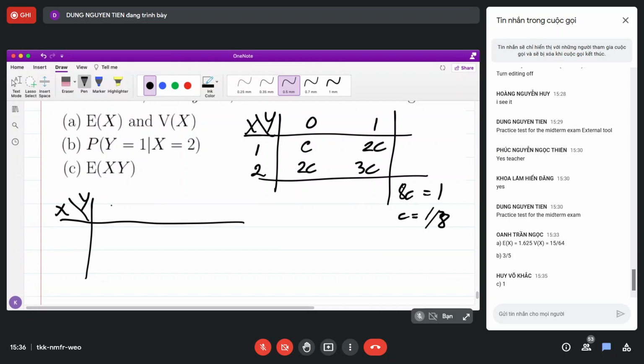Is it the first z-test or the second z-test? Which one? The second z-test, that is true, completely correct.